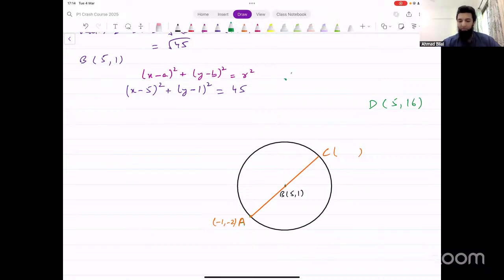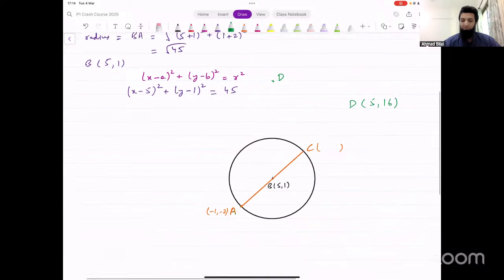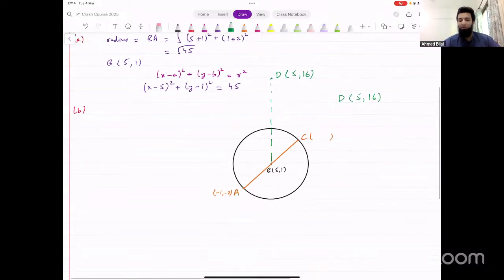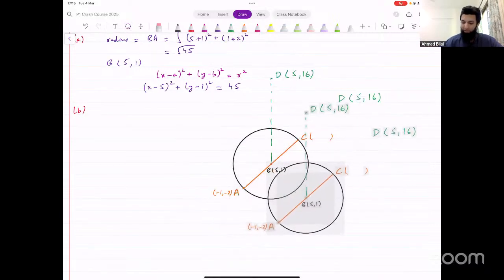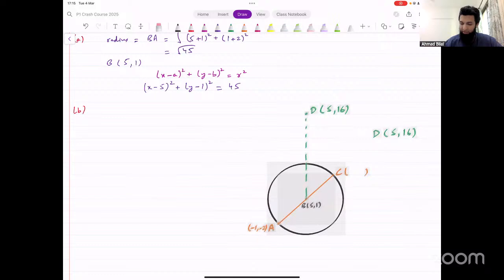This might be the point D. And this point D has coordinates 5 and 16. Remember, it's exactly above the point B. It's exactly above the center of the circle, like this. So this is what the diagram looks like now.